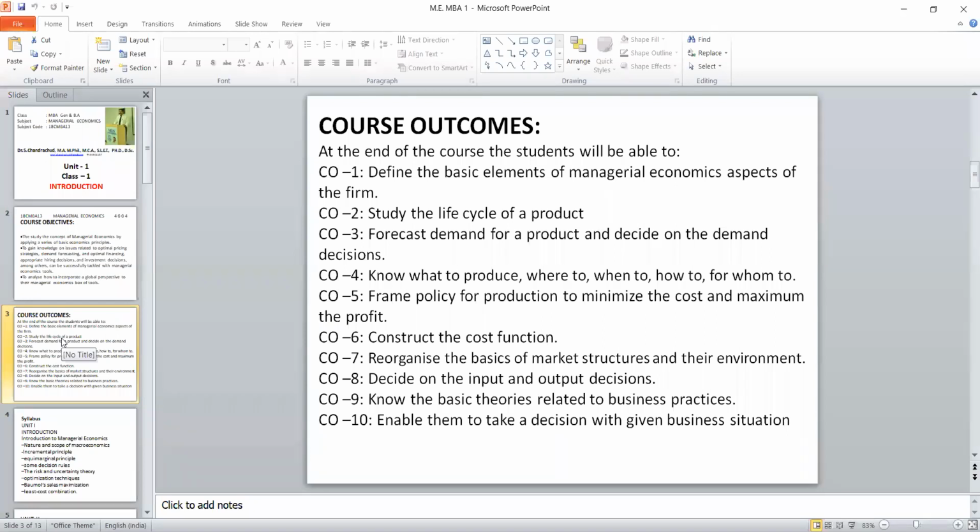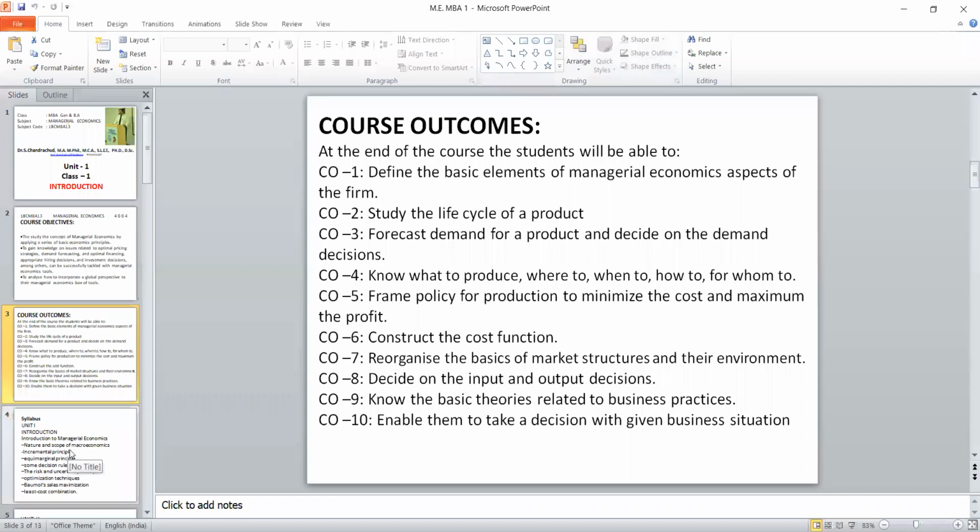For example, you should know how to define the fundamental concepts in managerial economics, how to handle the life cycle of a product, how to forecast the demand, and what the fundamentals of economics are: what to produce, how to produce, for whom to produce, and how to construct the cost function, how output and cost are interrelated, and what the basic structure of a market is. These are the outcomes we expect after completing this semester.